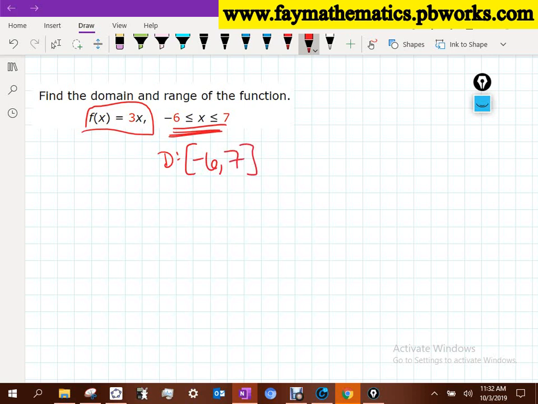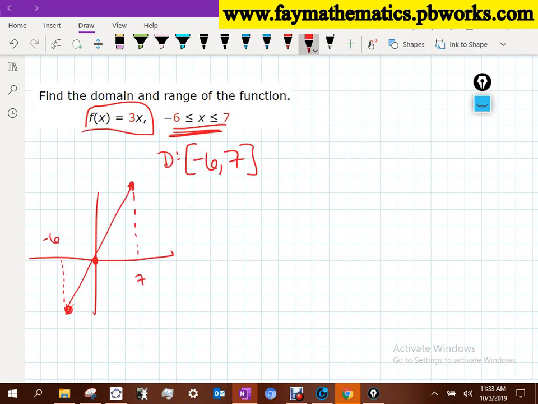So they're taking our graph and saying, if it's 3x, that line there is 3x. Let's say we're only interested in it from -6 to +7. So we cut off this part of the graph and that part.